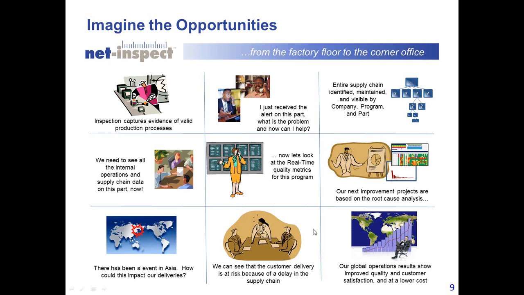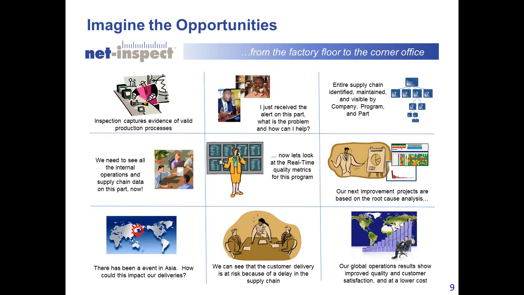Another thing we're working on is real-time delivery methods. Because we have the supply chain and steps of the operation, we're able to identify risk of supply chain or customer delivery issues. All of that comes together, showing your improved quality and improving customer satisfaction, at a lower cost.